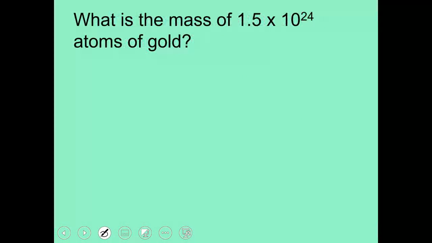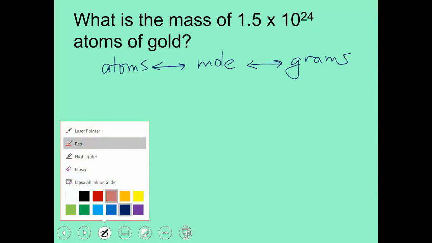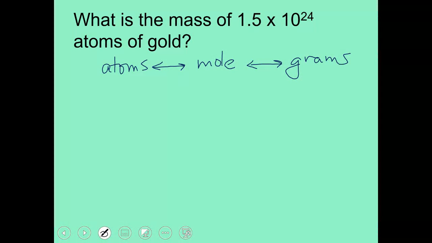Let's try 2 more sample problems that I have. What is the mass of 1.5 times 10 to the 24th atoms of gold? So remember, we know how to interconvert atoms and moles, and we know how to interconvert moles and mass. We need to do both steps in this problem because we're starting with a number in atoms.